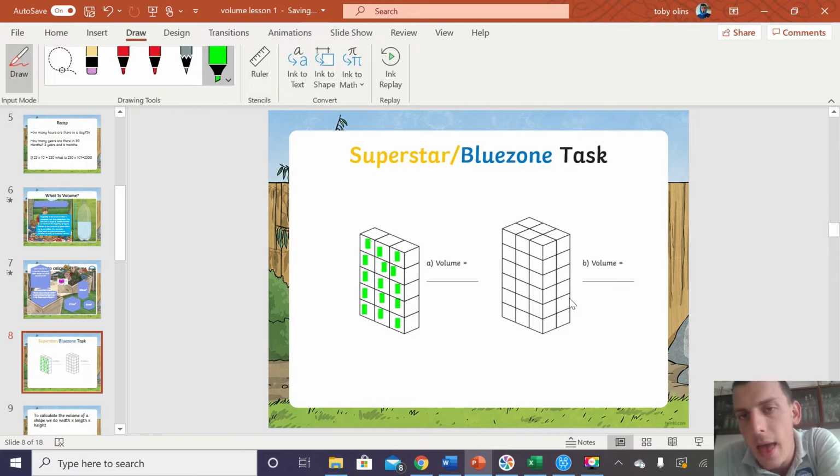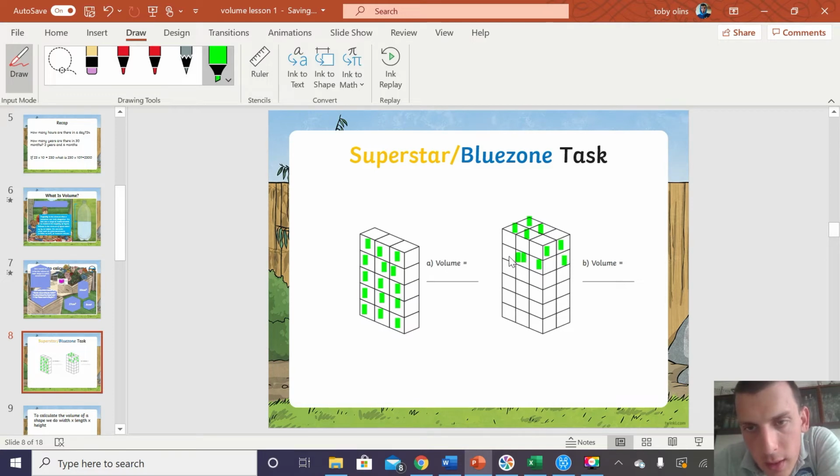And then with this one, do the same thing. So 1, 2, 3, 4, 5, 6, and then 1, 2, and then we've got 3, and then there's 1 behind, so 4. I'm going to put 2 there just so you know.